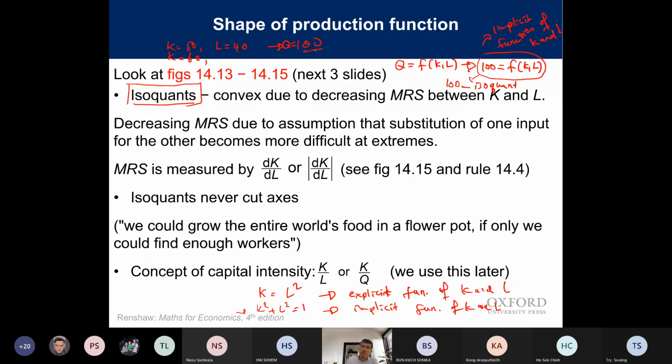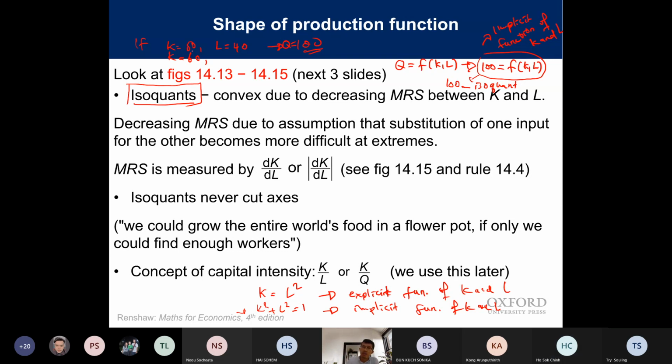To maintain the same level of output, if you increase K from 50 to 60, what should L be? Should it be the same level, higher level, or lower level? It should be less than 40, or remain 40, or larger than 40. Everyone? It should be smaller than 40. Yes, smaller, right?